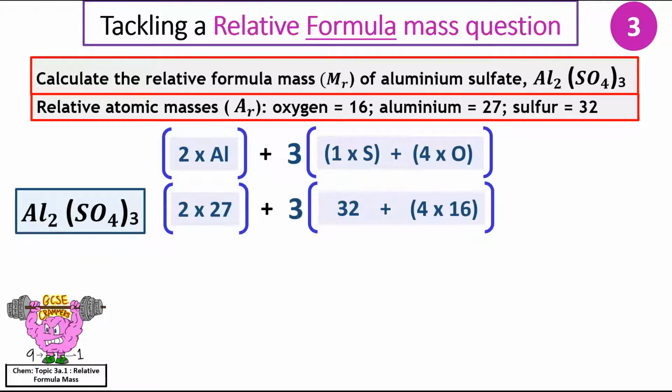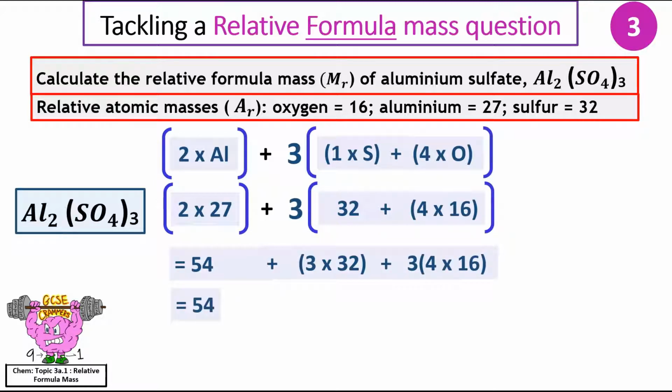Do the maths. 2 times 27 equals 54, plus open brackets 3 times 32, plus 3 open brackets 4 times 16. The AR of aluminium equals 54, plus AR of sulfur 3 times 32 equals 96.